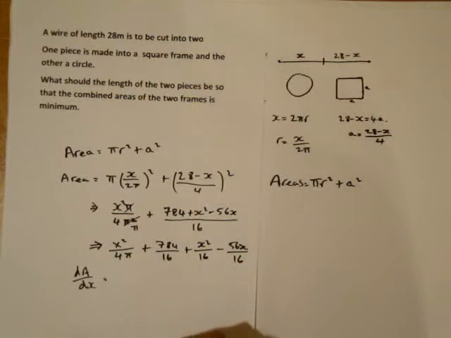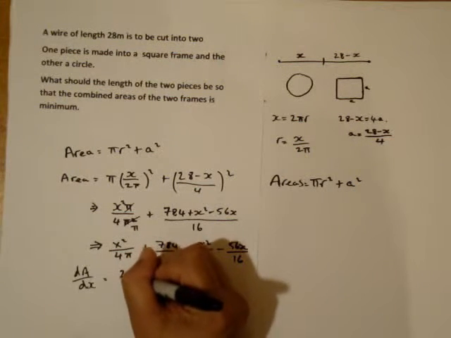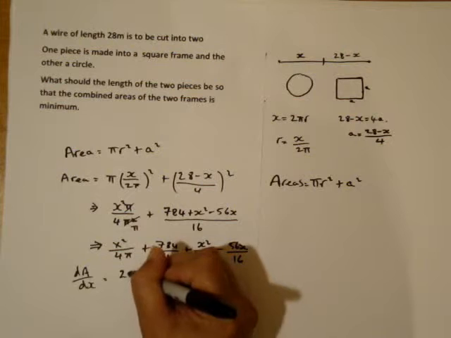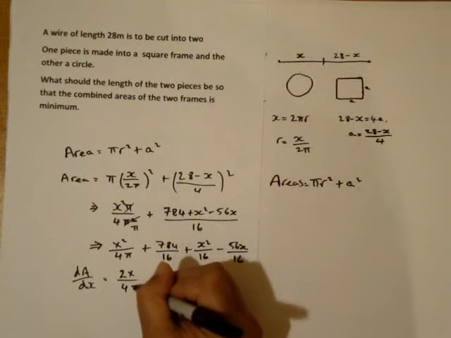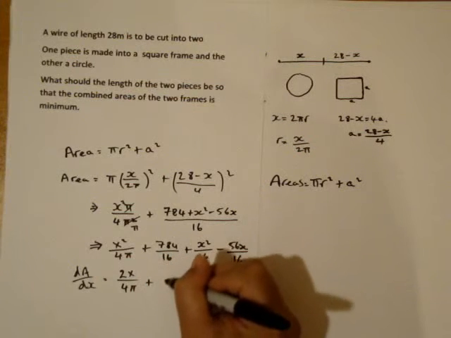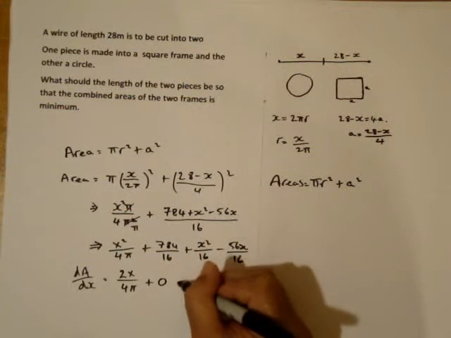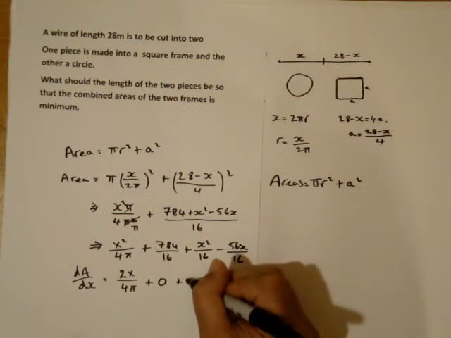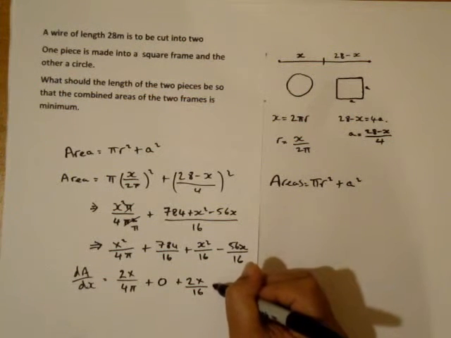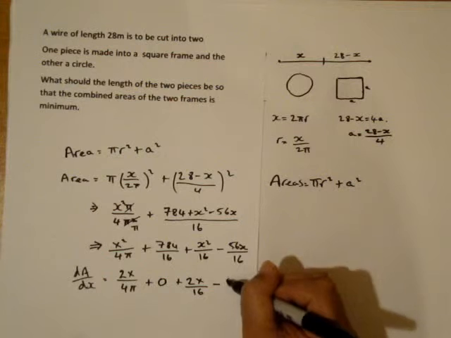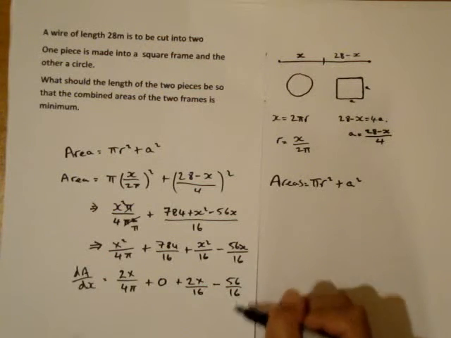This becomes 2x over 4 pi plus, that's a constant, which is 0, plus 2x over 16 minus 56 over 16.